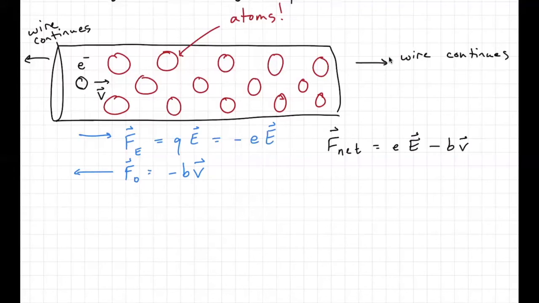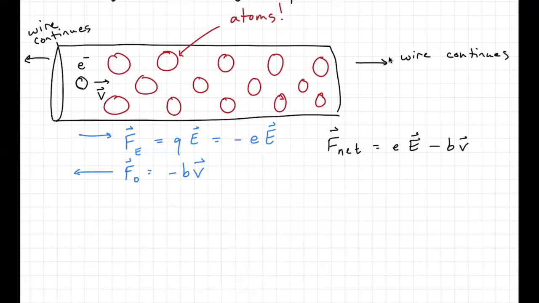And the terminal velocity would be when the drag force is equal to the force that's pulling your object along. So in the case of a parachuter, it's when gravity equals the drag force pushing back on the parachuter. In this case, it would be when the force from the battery, supplied by its potential difference, that is the electron charge times the electric field, is equal to the drag force it's experiencing from hitting all these atoms all the time.